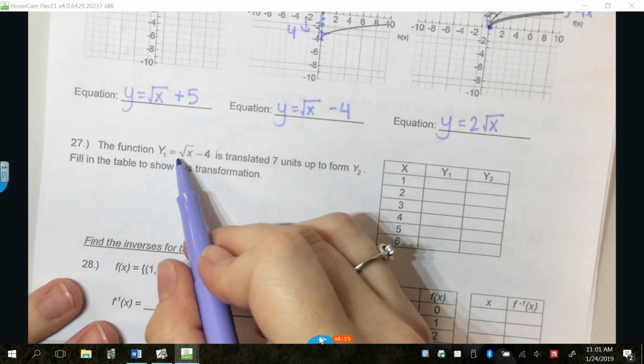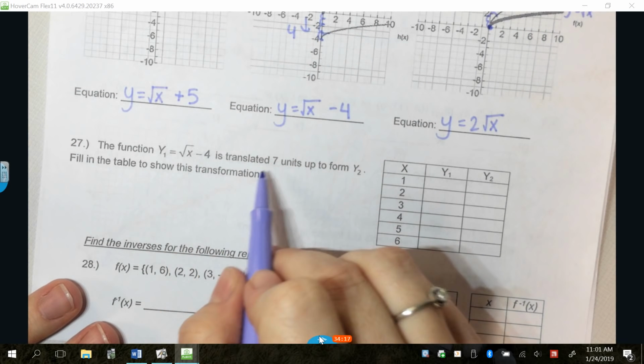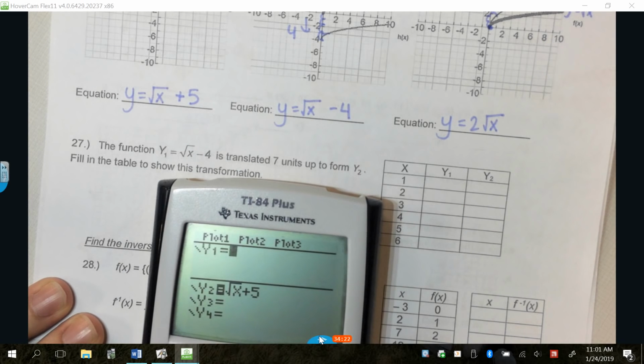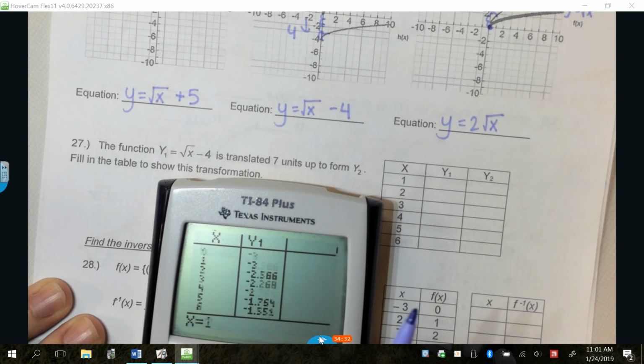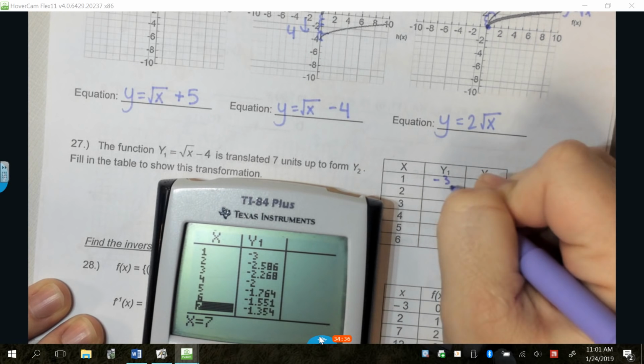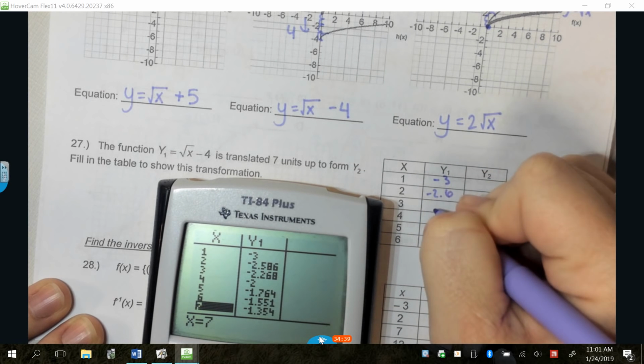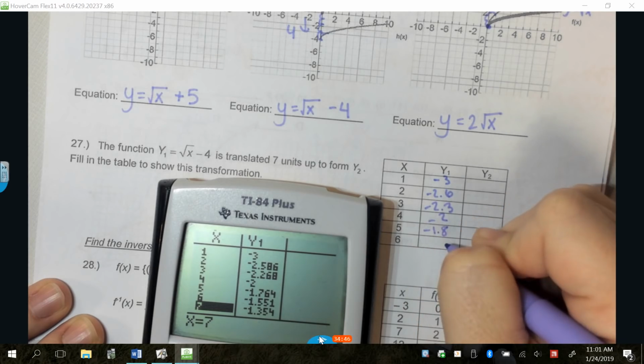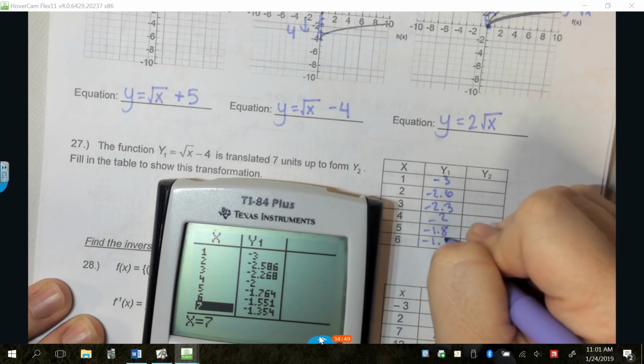The function y1 equals square root of x minus 4 is translated 7 units up to form y2. So I want you to realize something. Square root of x minus 4. This graph is telling me the parent function went down 4. So negative 3, negative 2.6, I'm rounding, negative 2.3, negative 2, negative 1.8, and negative 1.6.